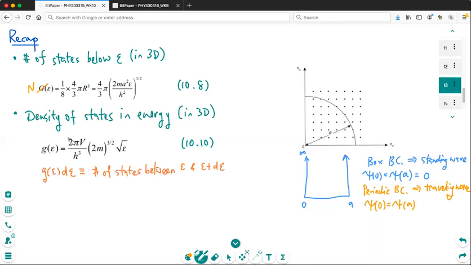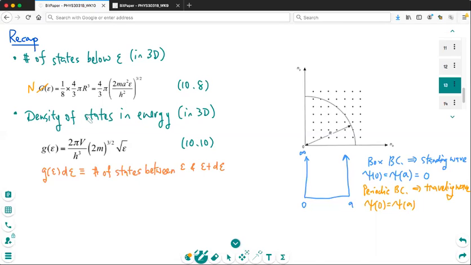Now this interpretation is important. You have G of energy times d epsilon. What is the meaning of this product? This product tells you the number. It's a dimensionless quantity when you take the product like this. This is the number of states between energy epsilon and epsilon plus d epsilon.